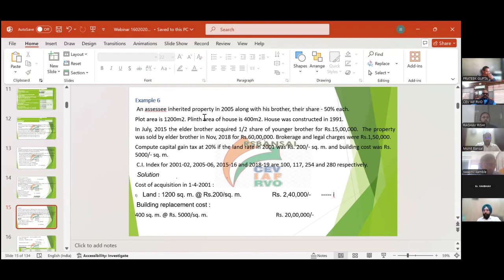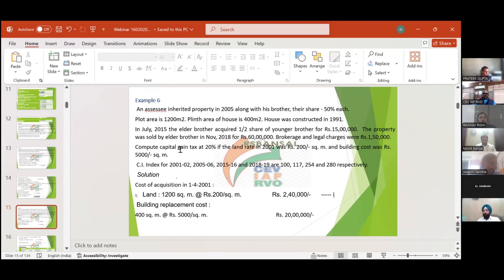An assessee inherited property in 2001 along with his brother. They share 50% each. Plot area is 1200 square meter. Plinth area of the house is 400 square meter. House was constructed in 1991. In July 2015, the elder brother acquired the half share of the younger brother for 15 lakh.